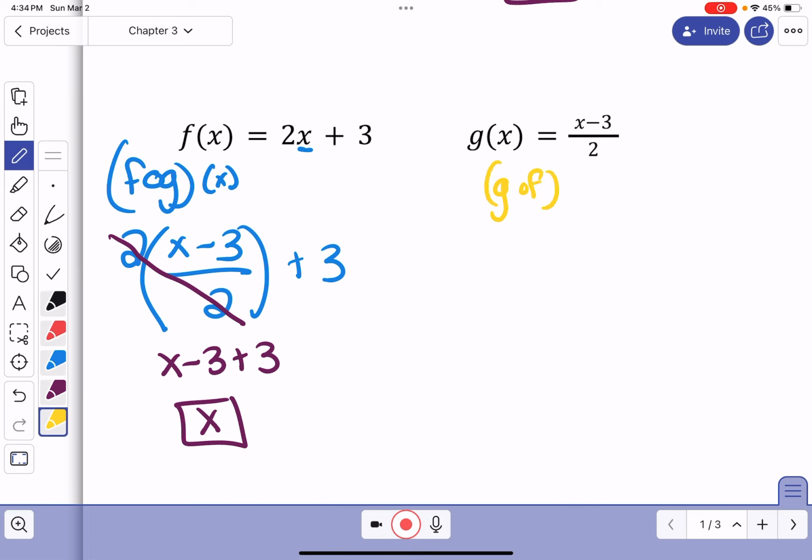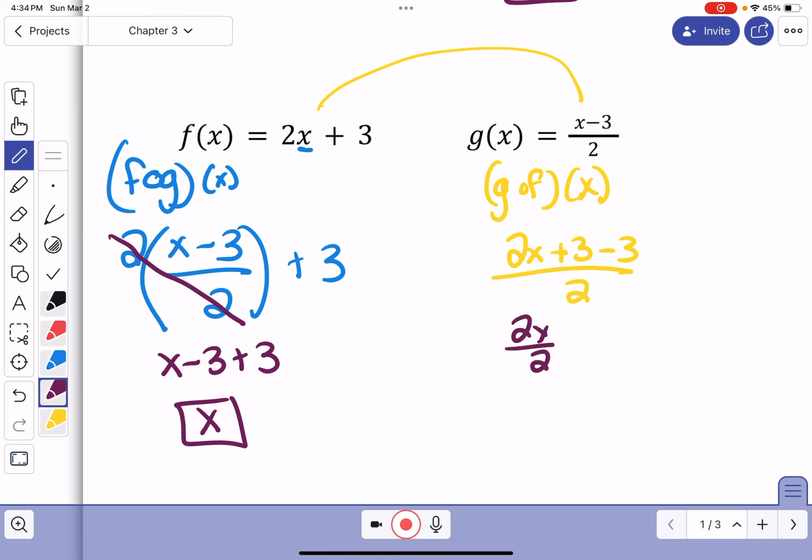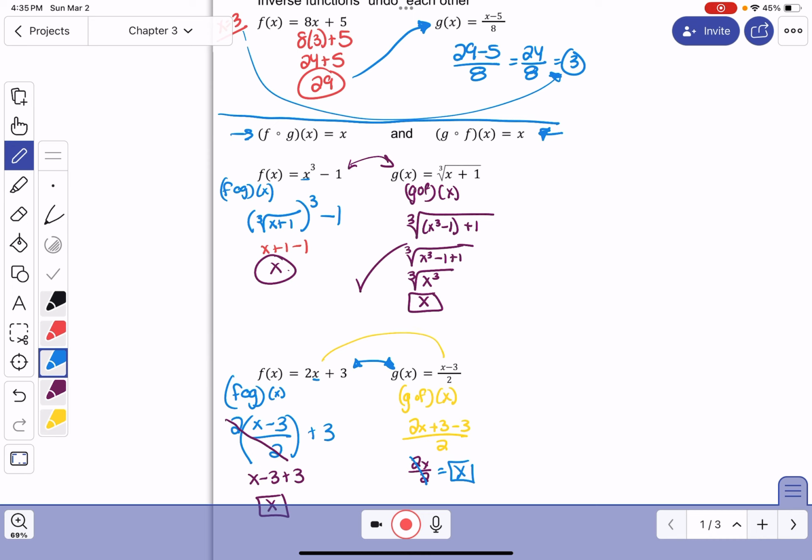Then if I do g of f, we take f and stick it in for g. So 3 minus 3 is 0. The 2's are going to cancel. And again, we get x. So those are inverses. So that's a couple different ways to check for an inverse.